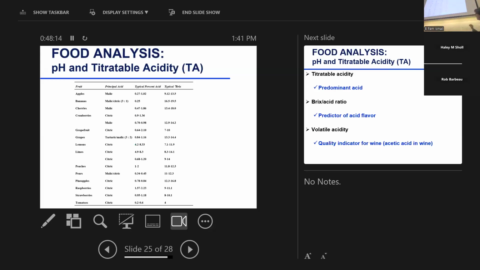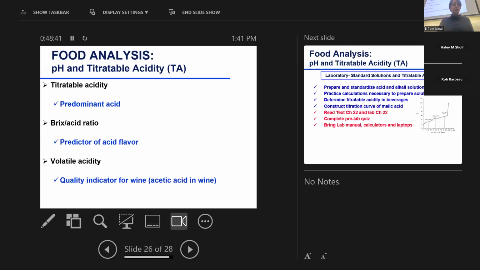Percent titratable acidity is really low. The maximum is close to 5 to 8 in lemons and limes, but in general, percent titratable acidity is low. When you calculate it in an exam, if it is low, then you'll know that your calculation is potentially correct.